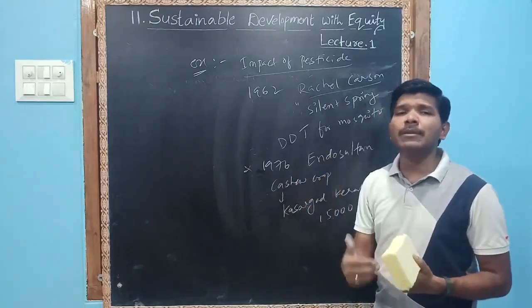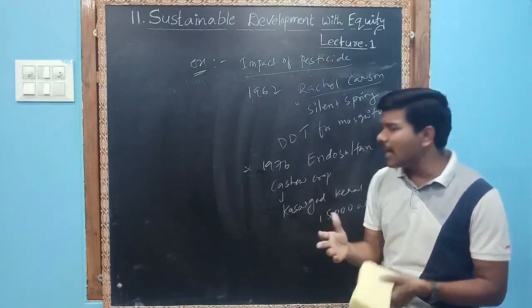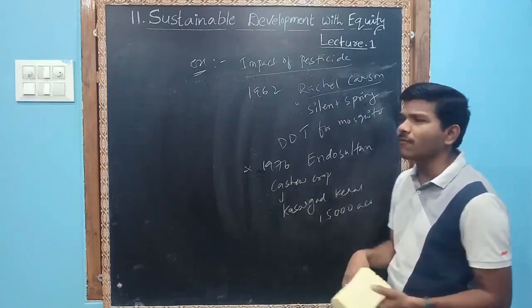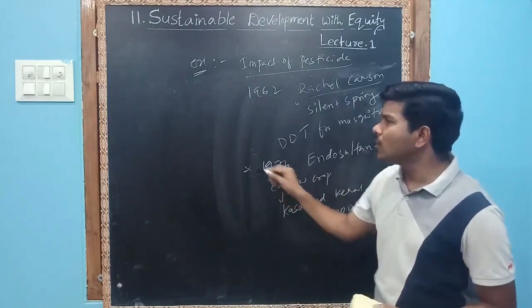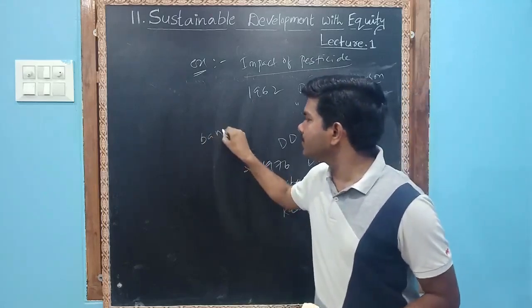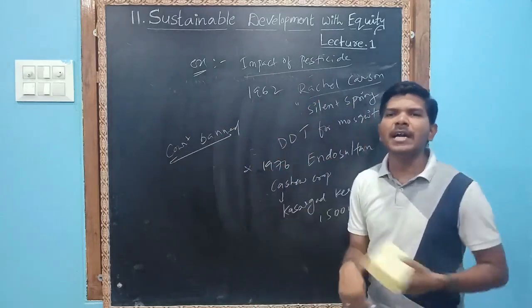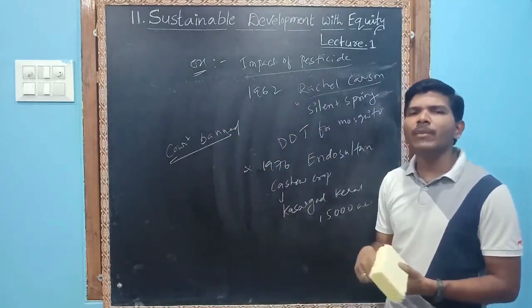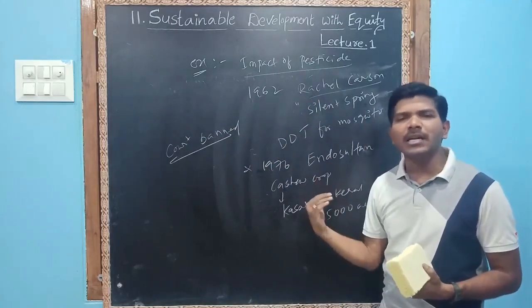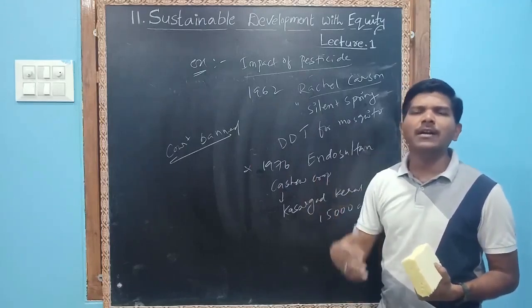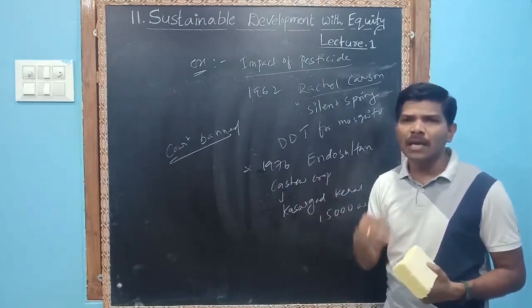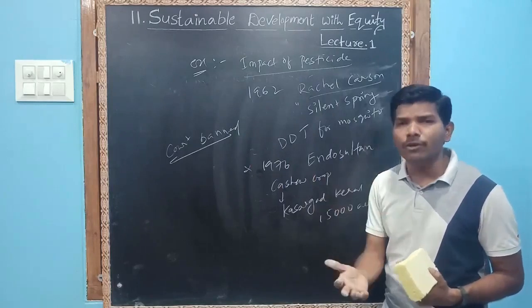Finally, the people of Kerala understood the dangerous contents of endosulfan. Finally, the court also banned this endosulfan. So nowadays, Kasaragod in Kerala is using a different kind of pesticide, and they are mostly not using chemical pesticides which are very harmful to us.